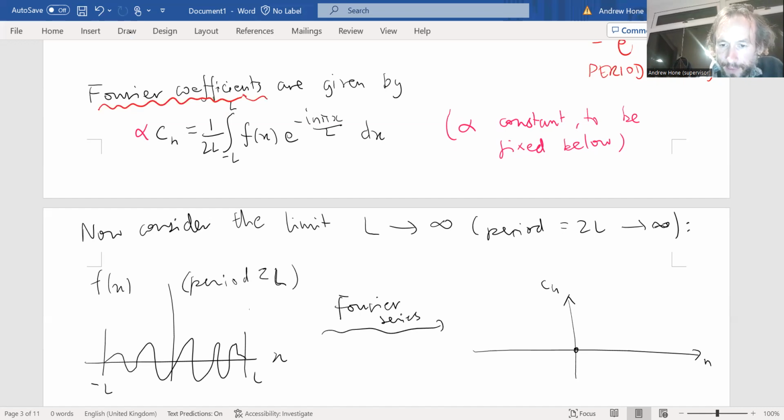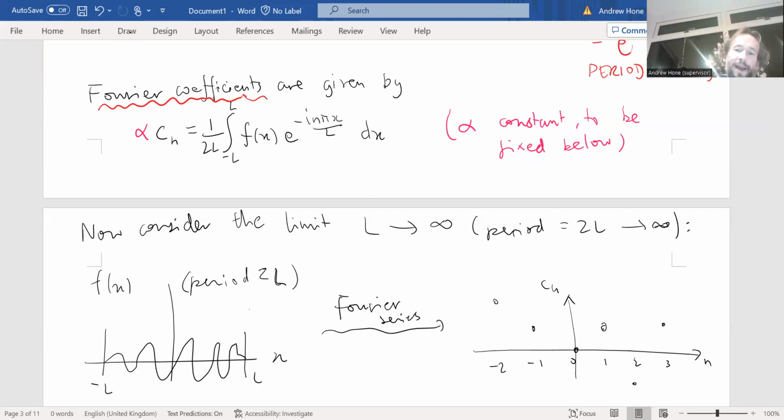So this is 0, 1, 2, 3, -1, -2. I don't know what the values are, but for each n, there's some value of Cn.